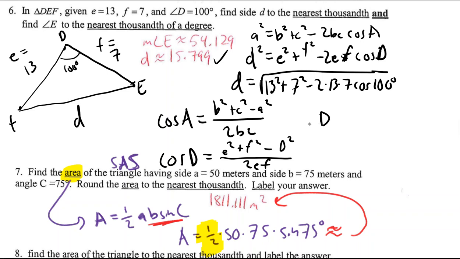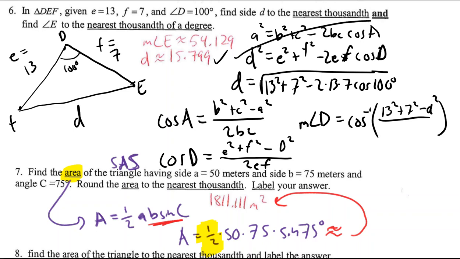So it looks like to find the measure of angle D, we should do inverse cosine of E squared plus F squared minus D squared. I'm using what I have stored in my calculator so that it's not rounded, all over 2EF. And since this is one big fraction, I'm going to double check my answer here. When I type this in my calculator over here to the side, remember you do need parentheses around the numerator and parentheses around the denominator, or it will not do the arithmetic in the order you're expecting it to.